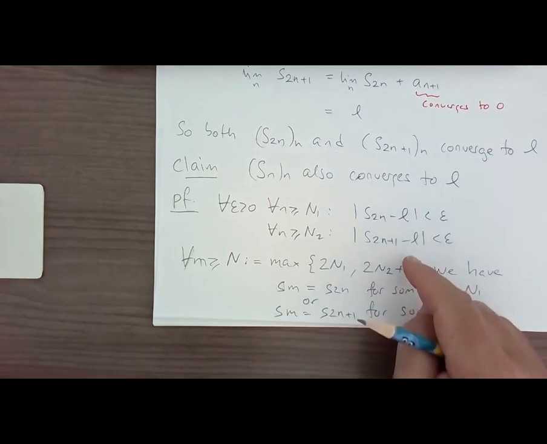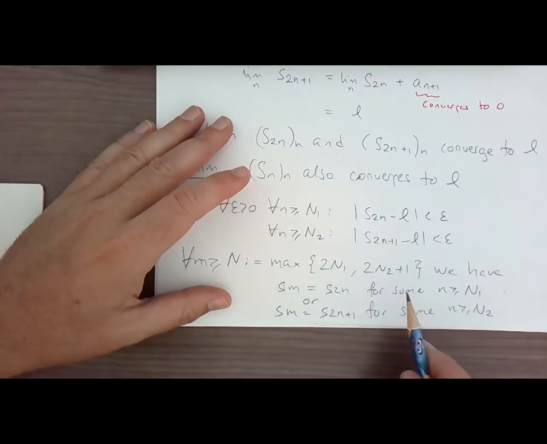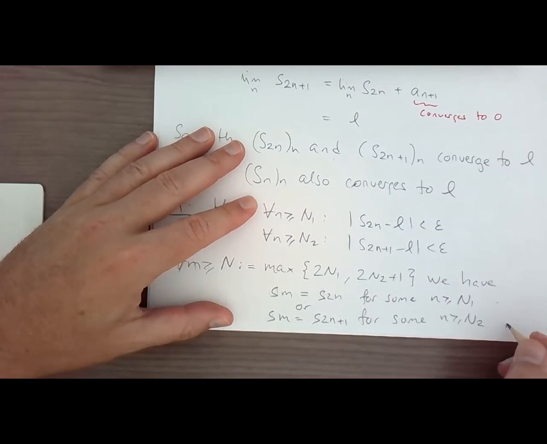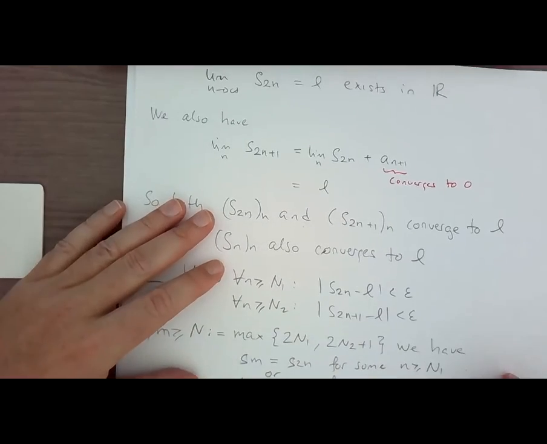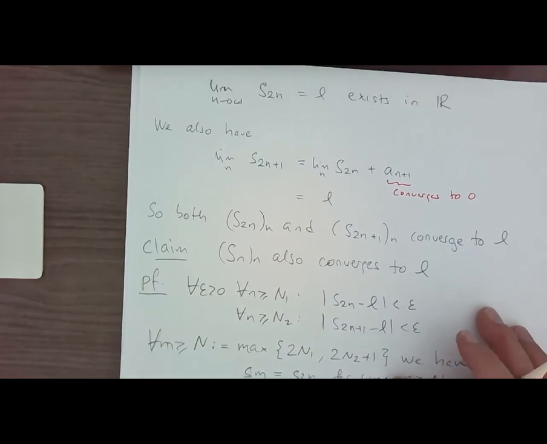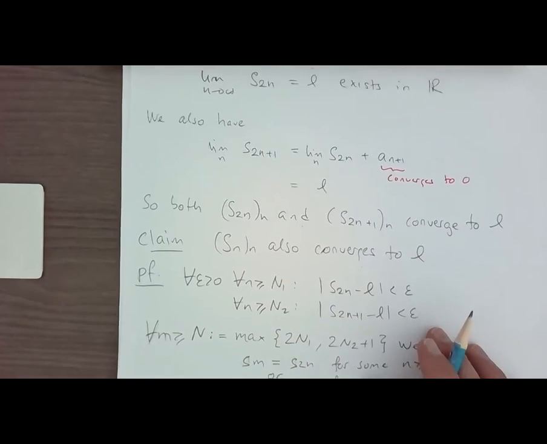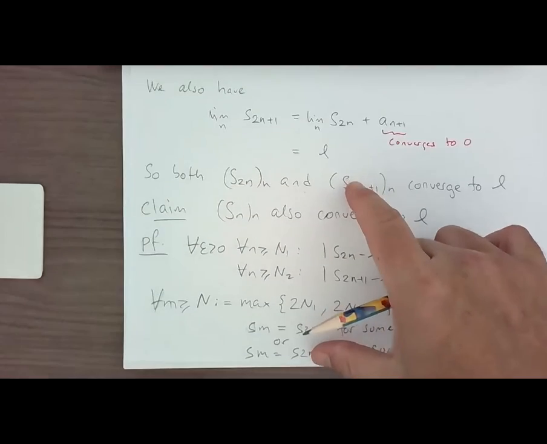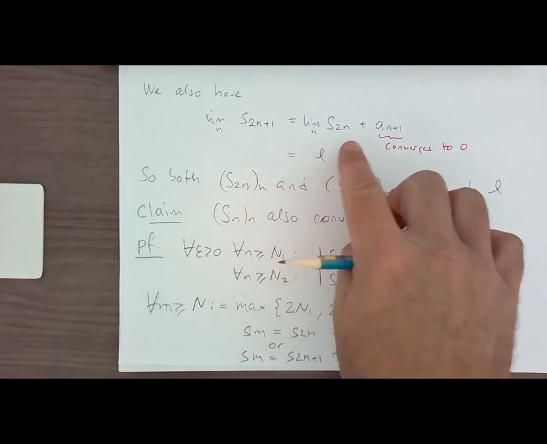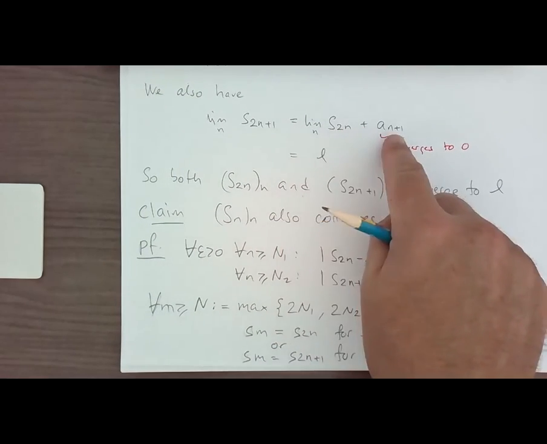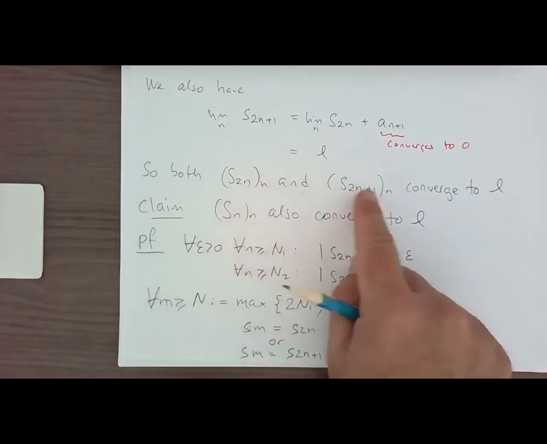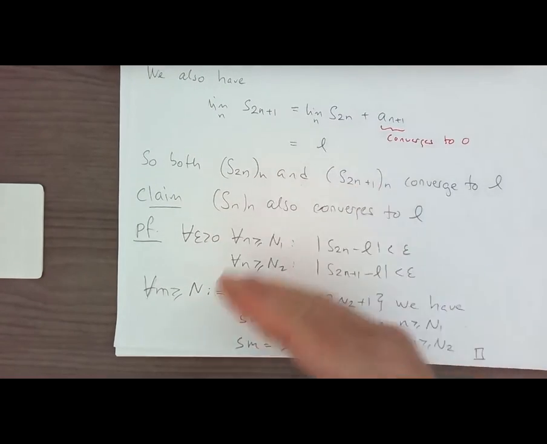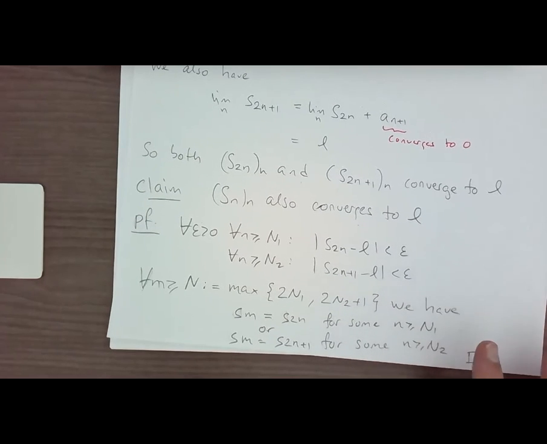And then you just use the properties up here, and you're going to be less than epsilon. So you can see this last part of the argument is general. It goes beyond just the particular example we have where the S's are given in terms of the a's. If you have such a structure, that these two particular subsequences converge, well, then the original sequence is going to converge.